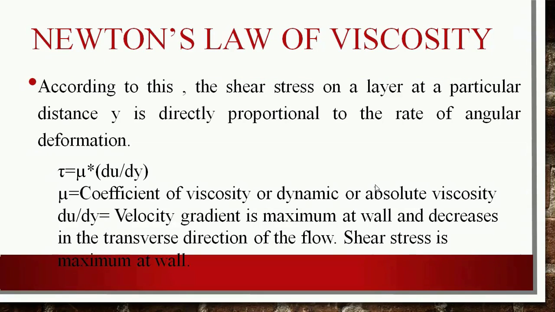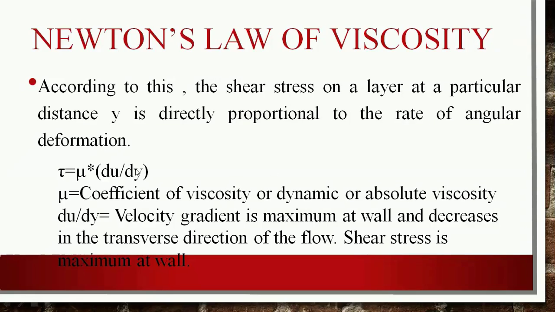Next is Newton's law of viscosity. According to Newton, the shear stress acting on a layer of fluid at a particular distance y is directly proportional to the rate of angular deformation.